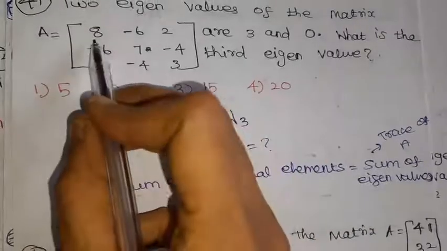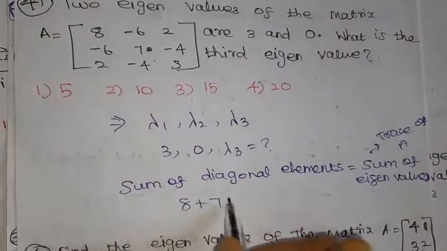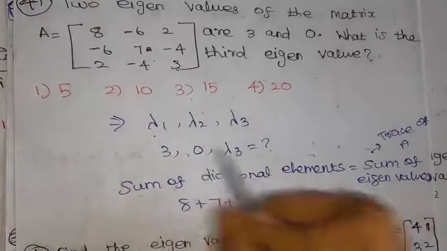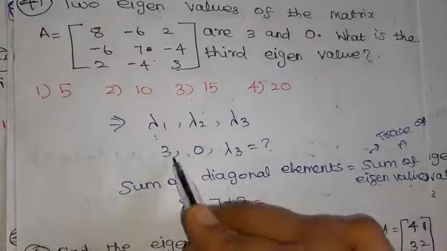So what is the sum of diagonal elements? 8, 7, 3. 8 plus 7 plus 3 is equal to the sum of eigenvalues, lambda 1 plus lambda 2 plus lambda 3.